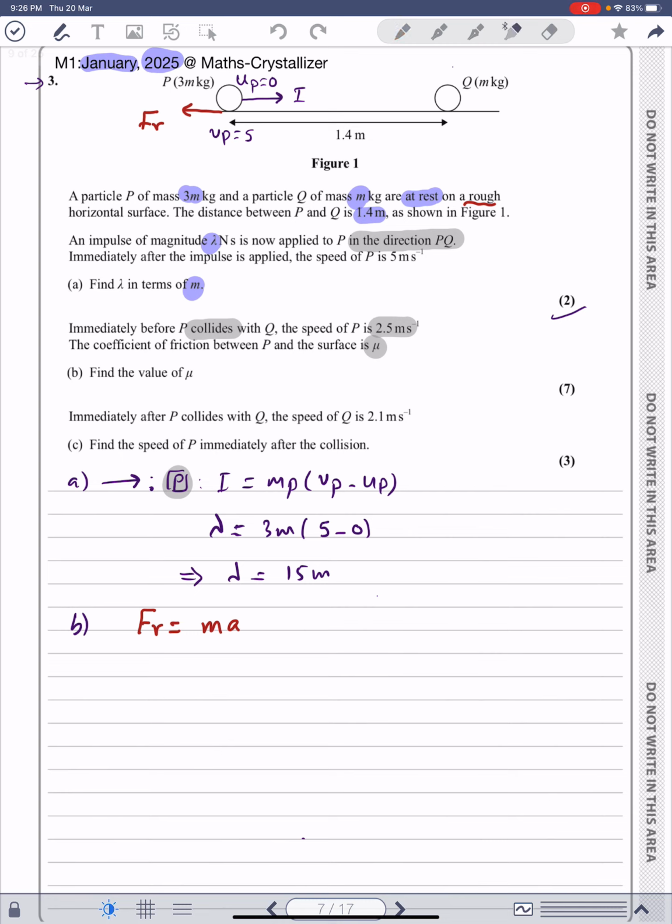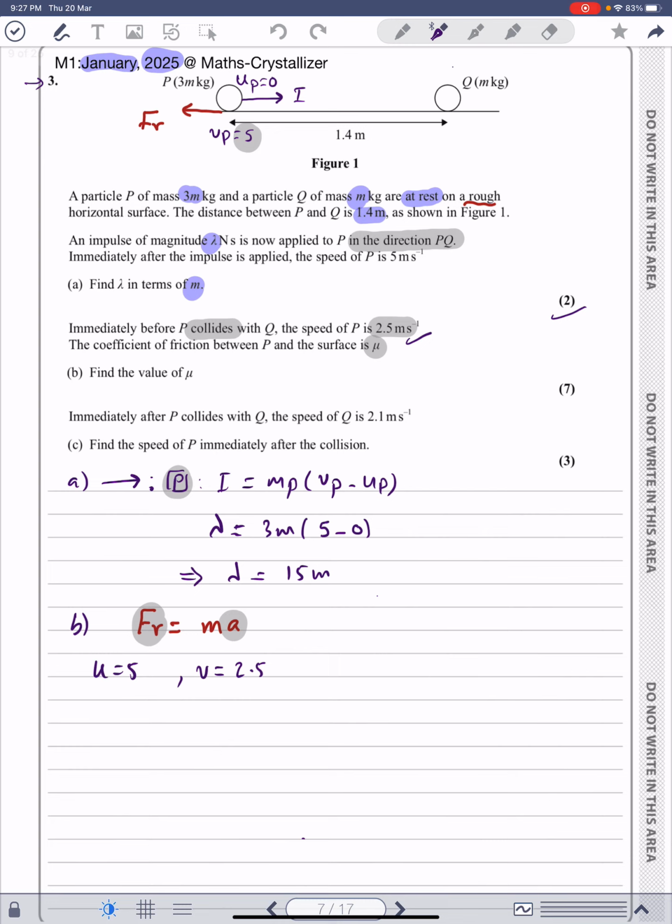To find mu, you have to find the friction first and the acceleration. Then we look at what we are given. This particle P had speed 5 before it moves towards Q and collides with Q. So now u is 5 and v is 2.5 meters per second.